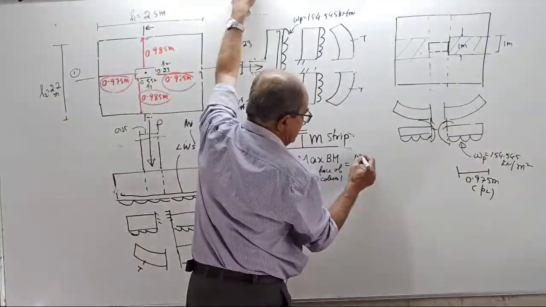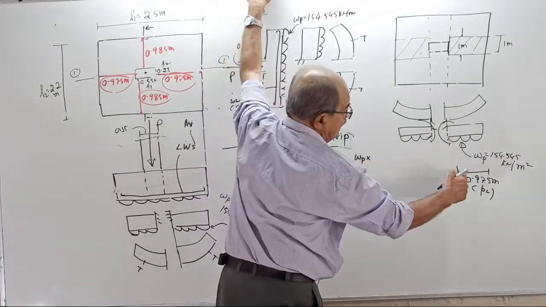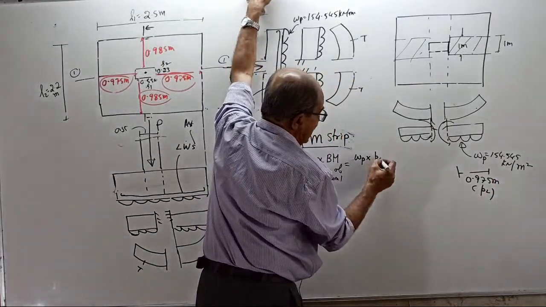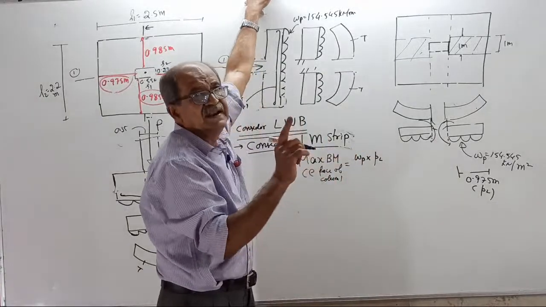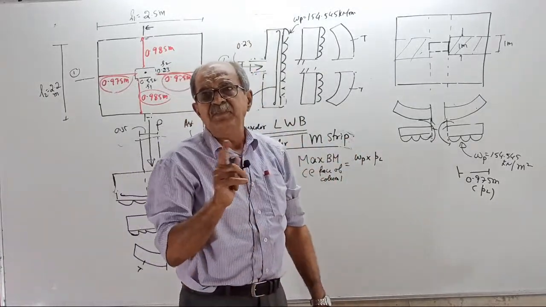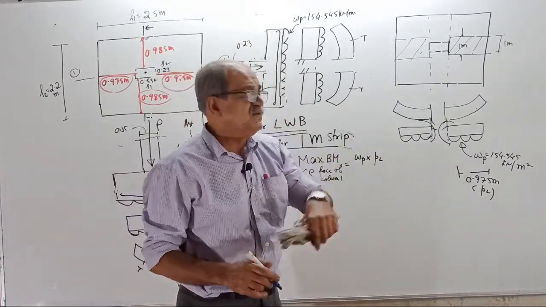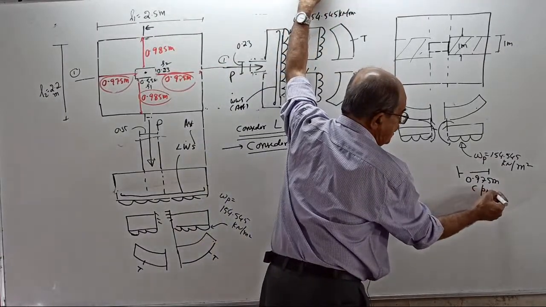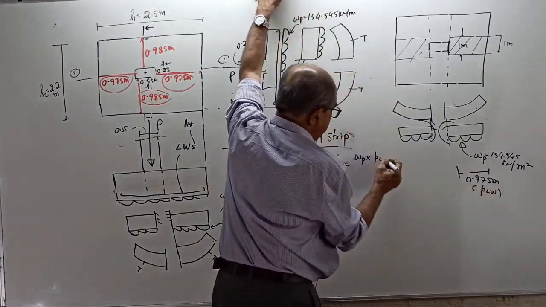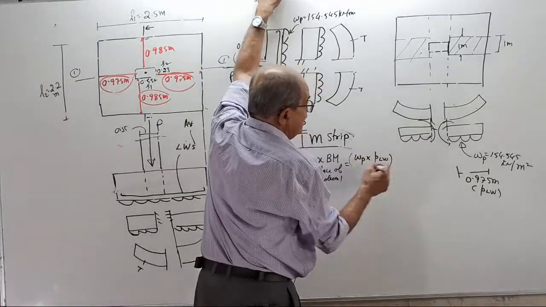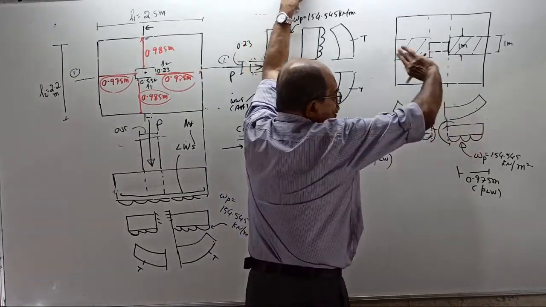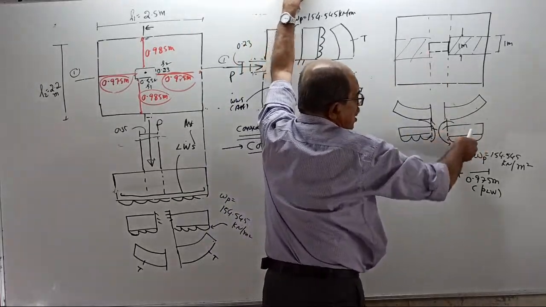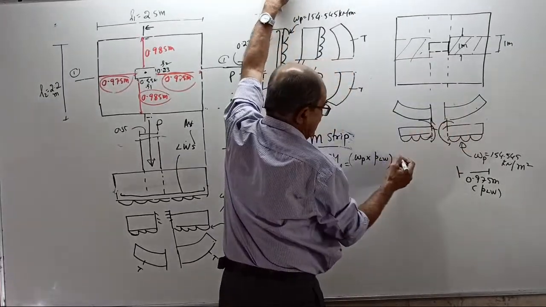WP is the intensity of load into the projection PL. L means not left or right. L means lengthwise, or PLW. WP into PLW is the total load. Total load into the distance, how much?